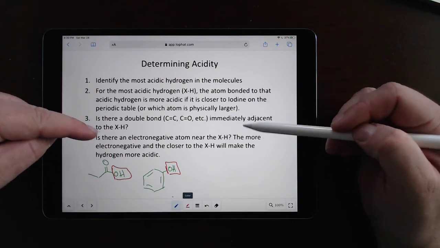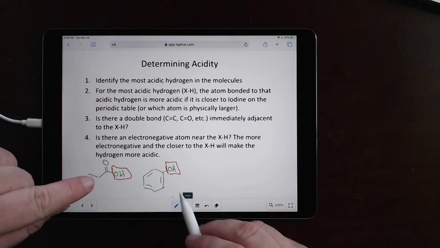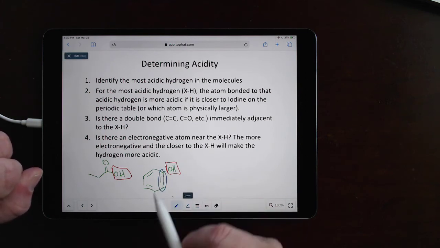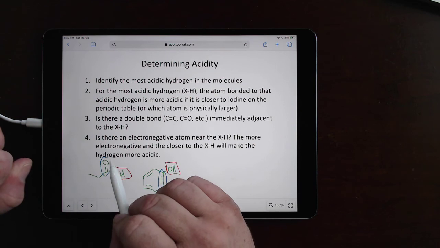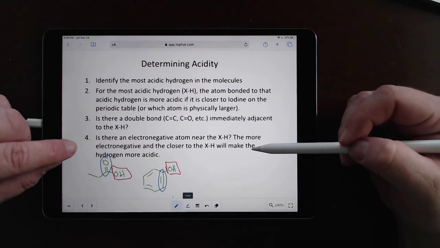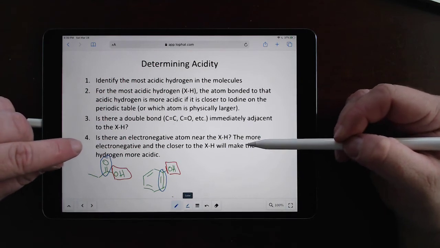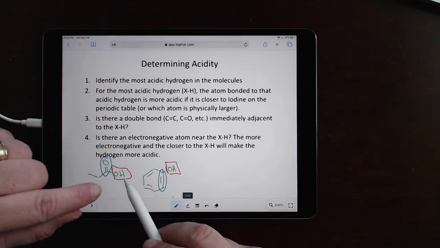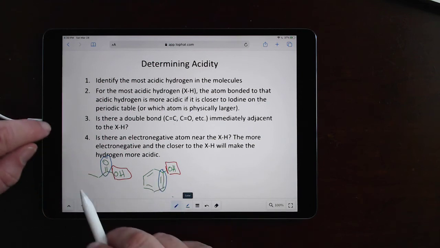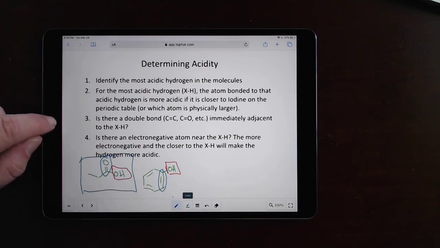And so we come down here to say, is there a pi bond immediately adjacent? Well, yeah. Here's a carbon-carbon pi bond, and there's a carbon-oxygen pi bond, so that's a tie. And then we look at whether there are electronegative atoms nearby. This one there is, there's this oxygen here. Here we just have regular carbons. So that makes this much more acidic.